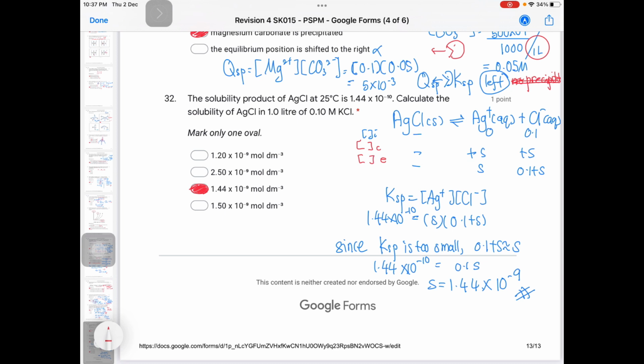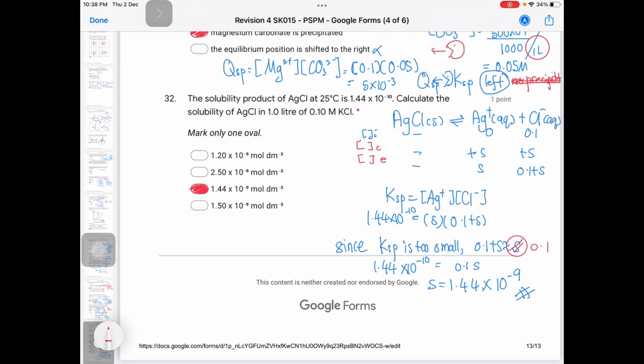So 0 plus S, 0.1. Initially we already have KCl 0.1, so 0.1 plus S, 0 plus S. Since Ksp is too small, 0.1 plus S is almost 0.1.